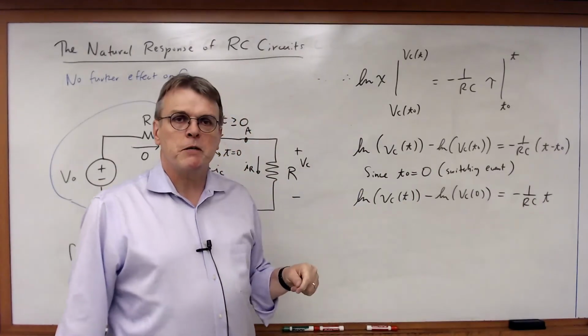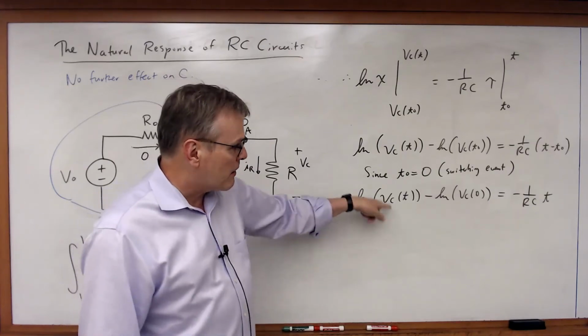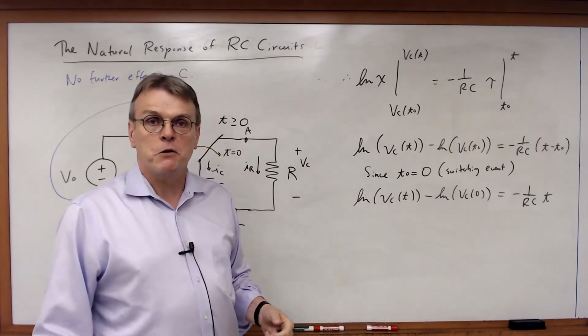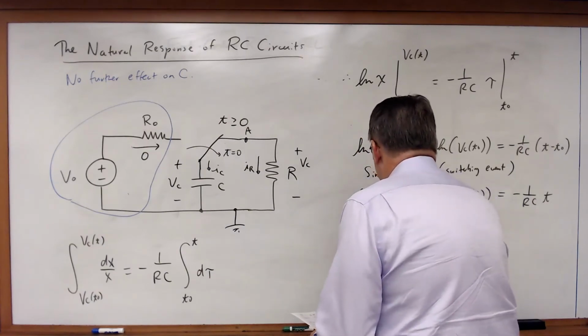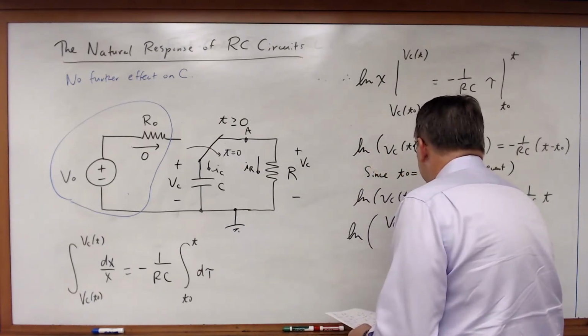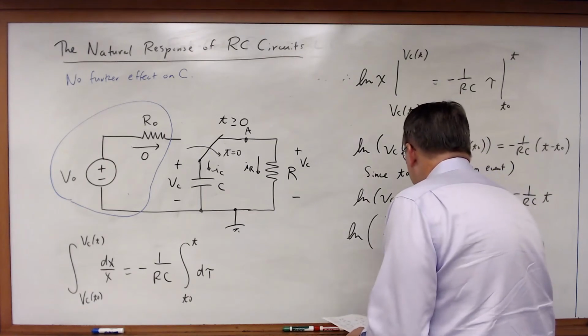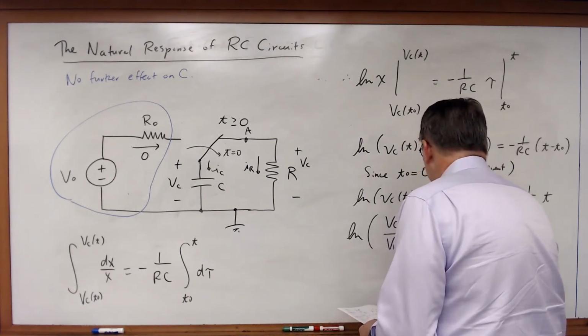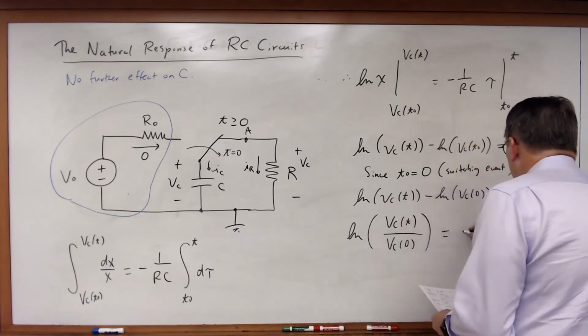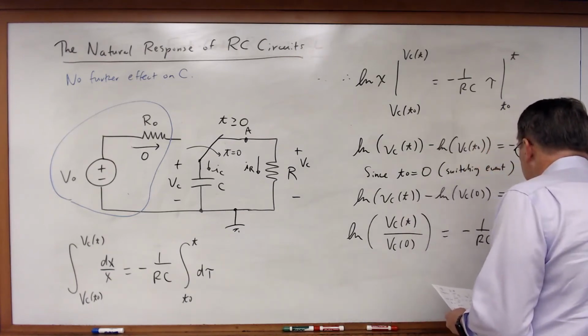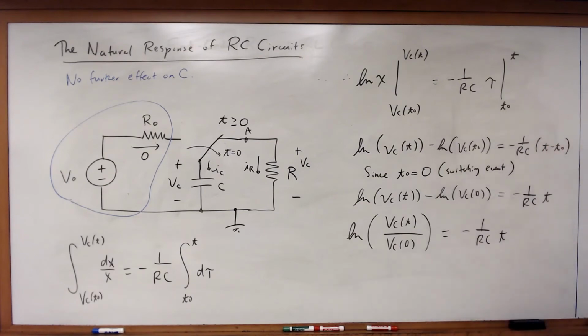The difference between two logs is the same as the log of the ratio of those two. So I can rewrite this and say that this is equal to the natural log of Vc(t) divided by Vc at 0. And that will be equal to minus 1 over RC times t.